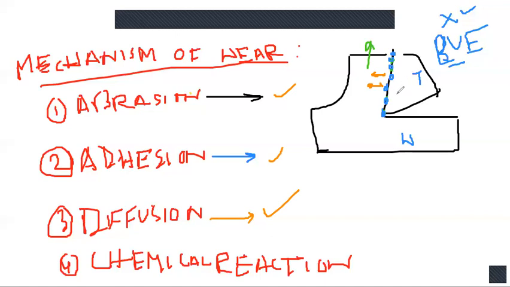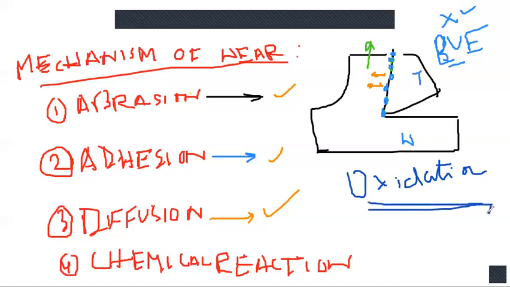So at this contacting point, oxidation occurs. Oxidation occurs because the air at this contacting point becomes oxidized, so a chemical reaction occurs at the contacting phase of the tool chip interface, that is oxidation.